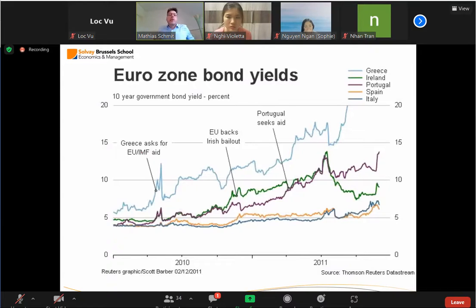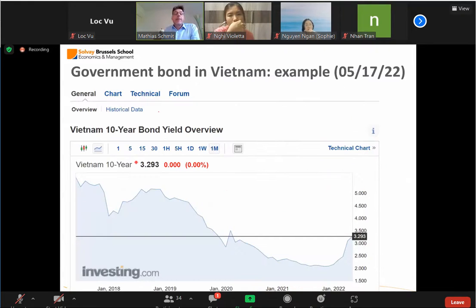Here, just to show you that the bond yields can evolve a lot. Here is the history in Europe during the sovereign debt crisis, the crisis of state debt in Europe. Here I just pointed out the one from this morning for the 10-year bonds issued by the Vietnamese government.